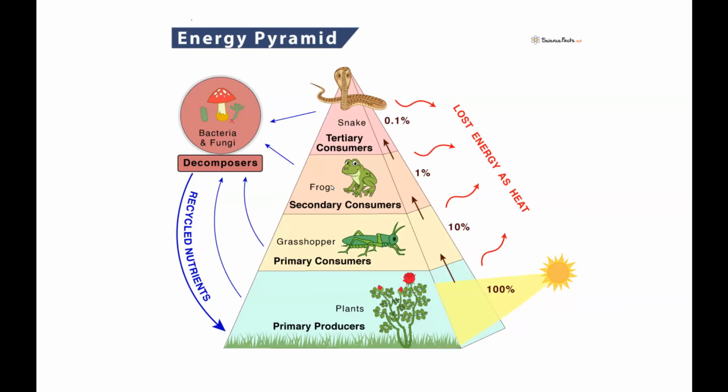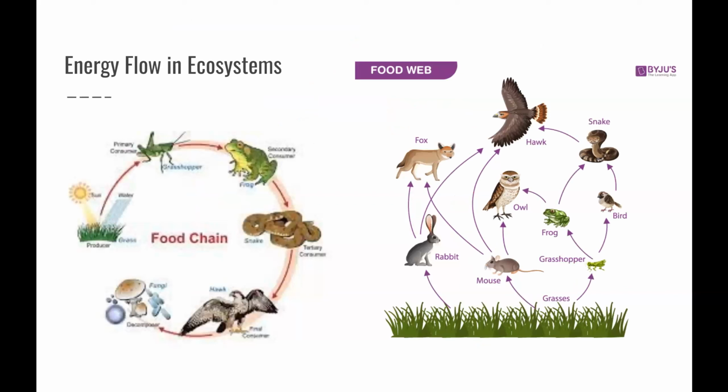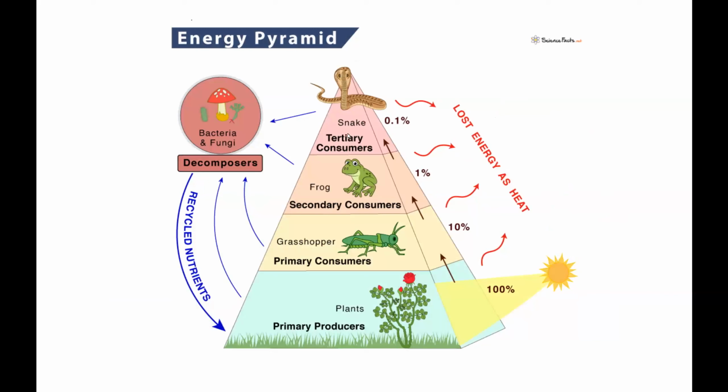And remember, your secondary consumers are things like the fox, the owl, the frog, the bird, okay? And then you're going to have even less of these tertiary consumers, like your snakes.